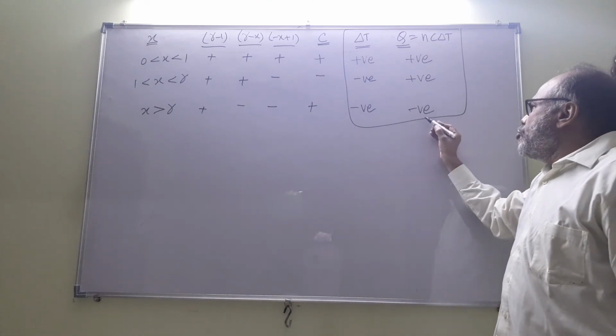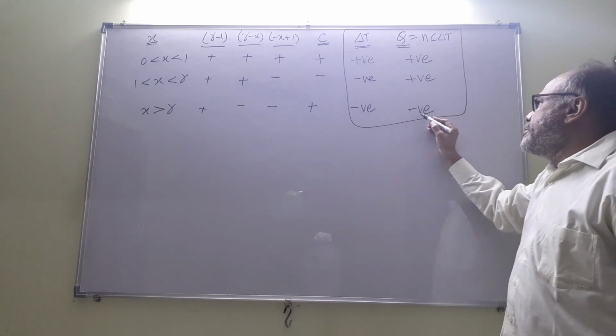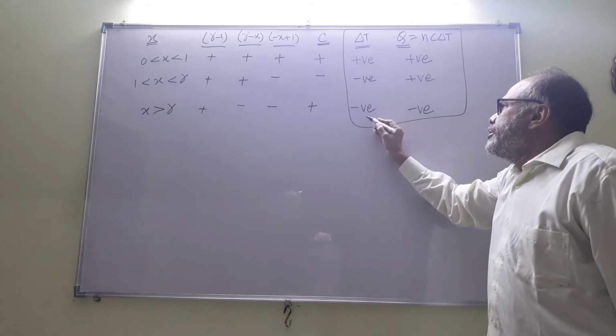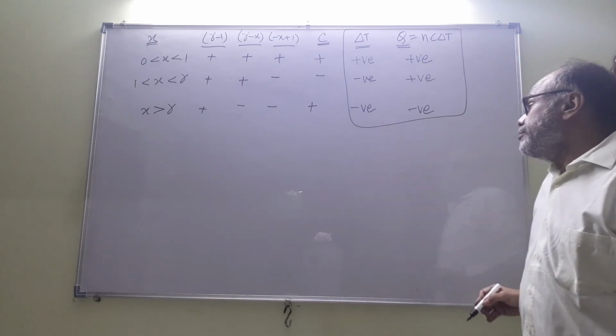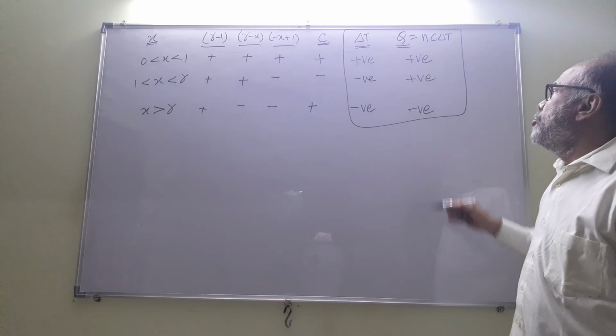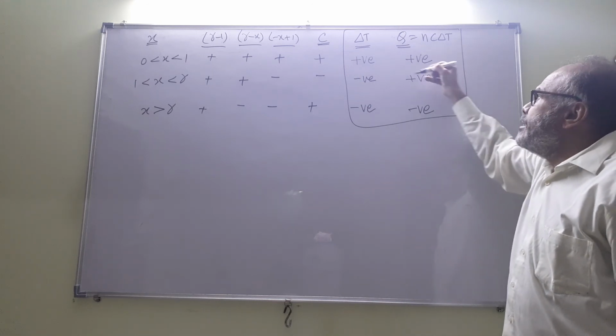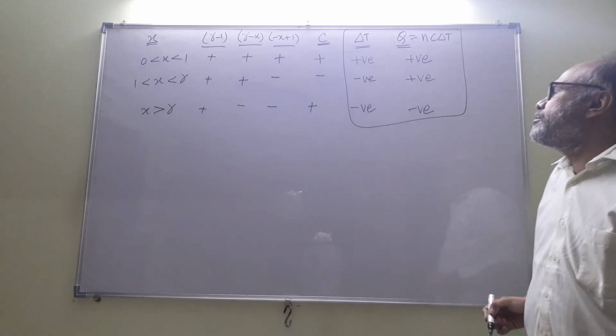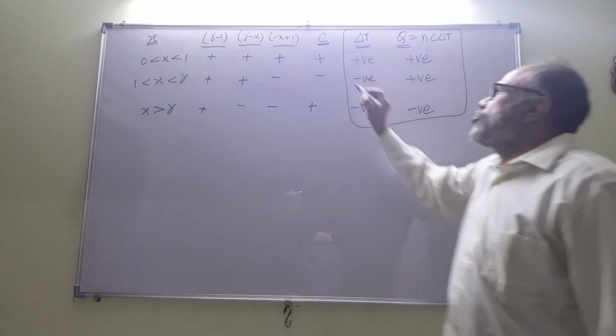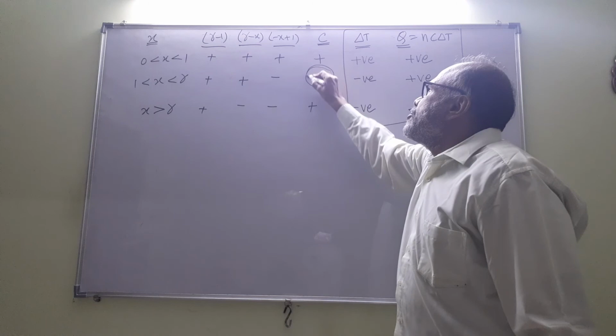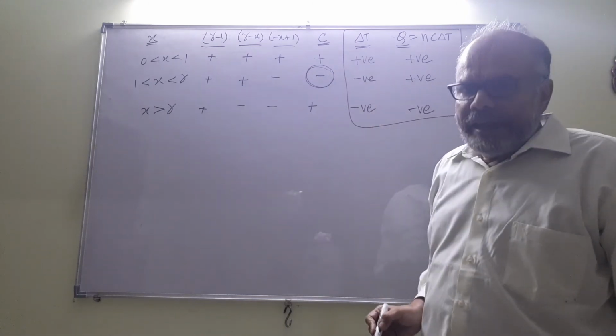Here in this case, you're removing heat because Q is negative, and the temperature decreases. Quite understandable. But here in this case, you are supplying heat and the temperature decreases. That is because the specific heat capacity of the gas is negative.